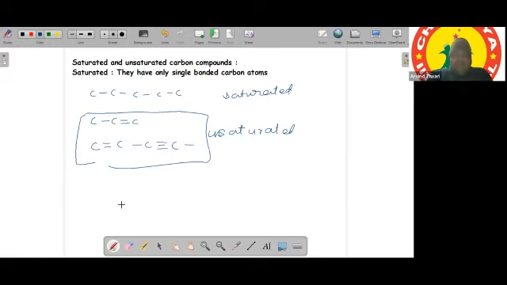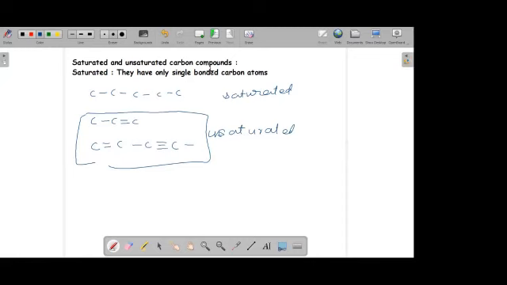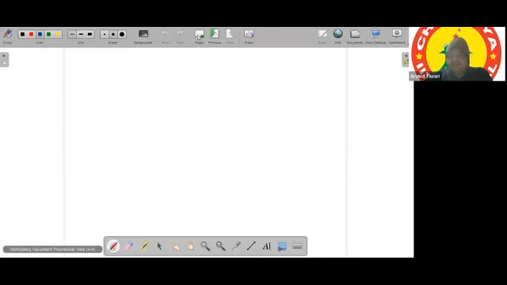So, understood the difference between saturated and unsaturated? Now let's see the oxidation reactions.